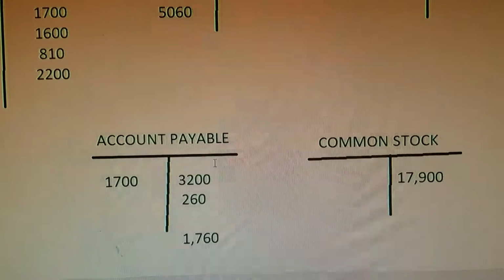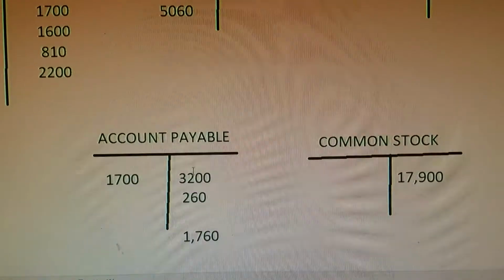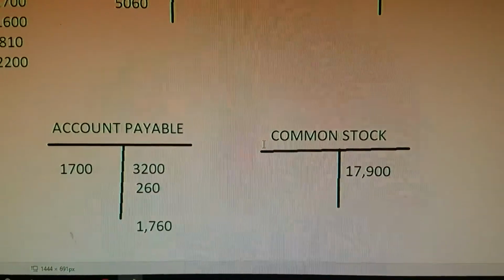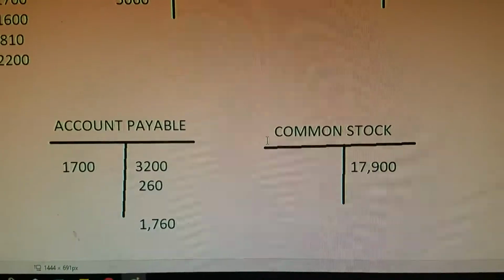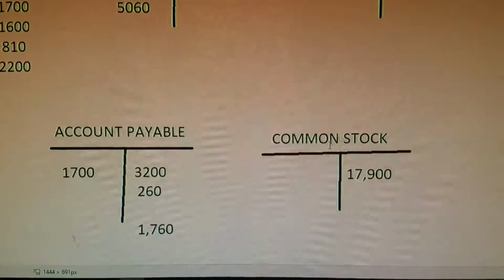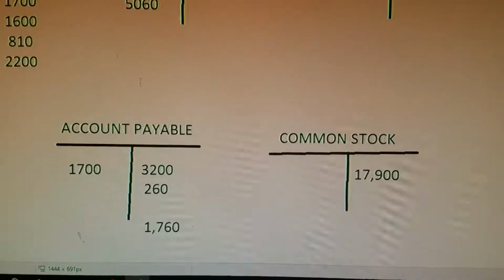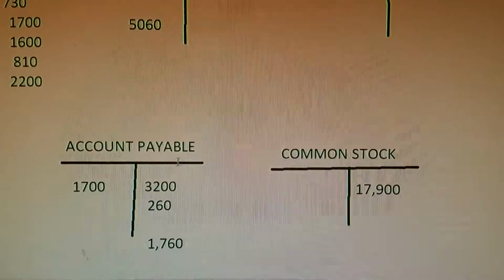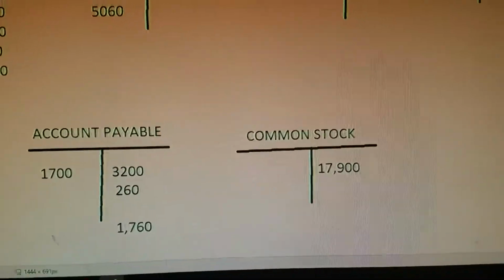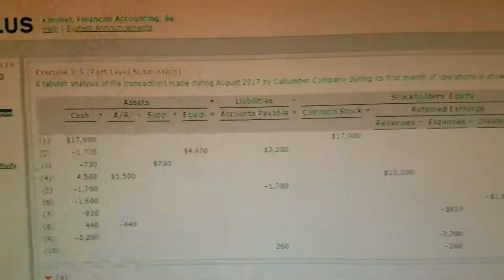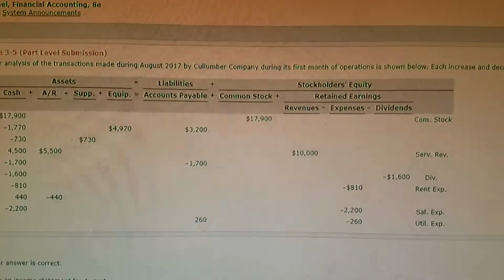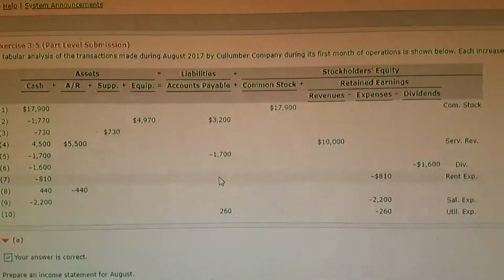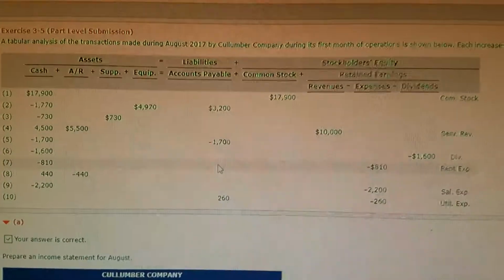So the debits are changed for liabilities and also for the stockholders' accounts, as in this case is common stock. Those accounts work in the opposite way to assets. And going back to the exercise, we can see that the same financial transactions are reflected in our whiteboard.